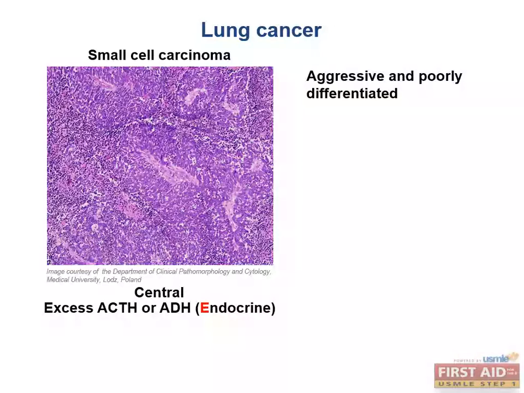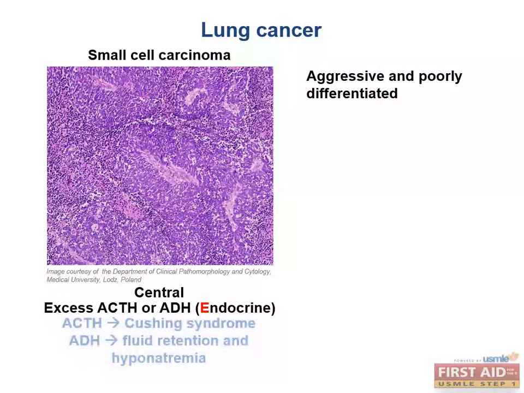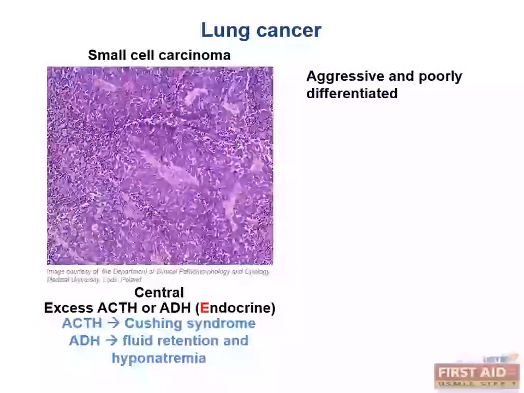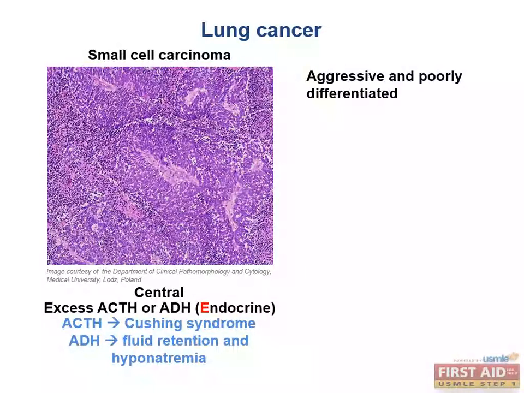With excess ACTH, you may have excessive cortisol release and a Cushing-type syndrome, while excessive ADH in the absence of normal stimuli, also known as the syndrome of inappropriate ADH, or SIADH, leads to what findings? It leads to fluid retention and hyponatremia.